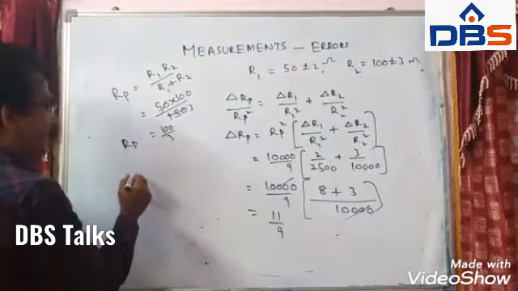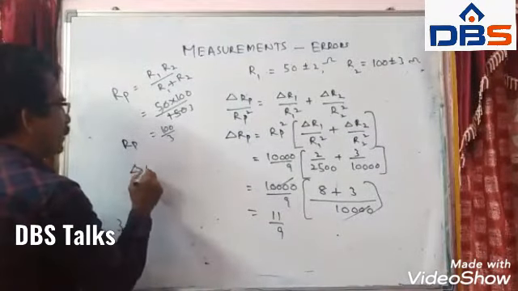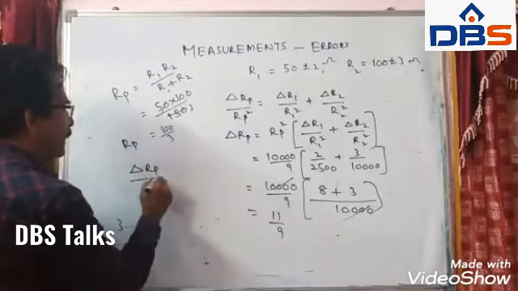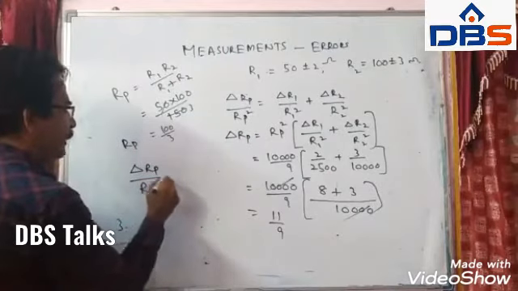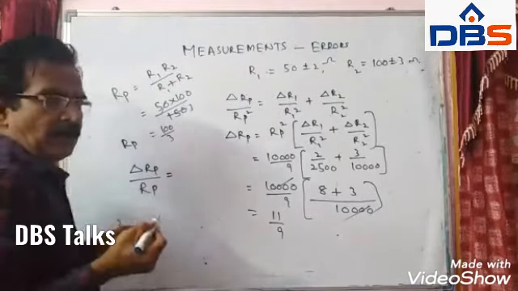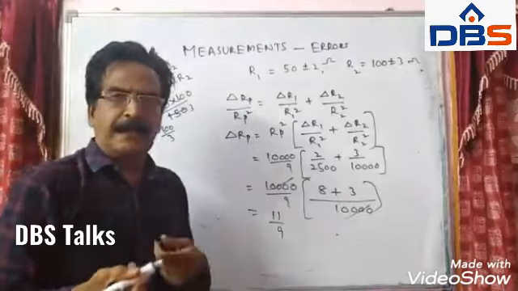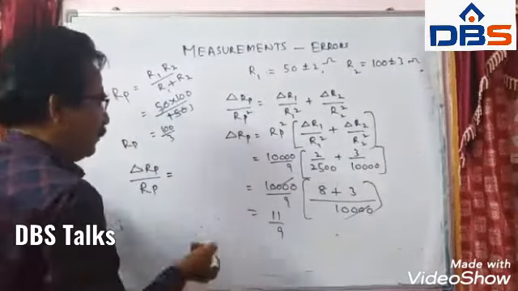Now the error is equal to delta RP by RP. If the problem asks for error percentage, we will multiply by 100 also.